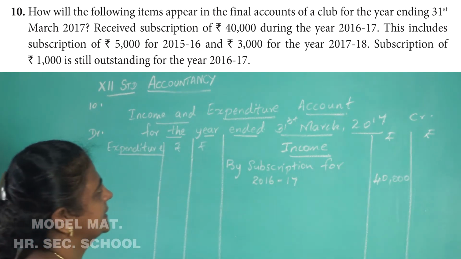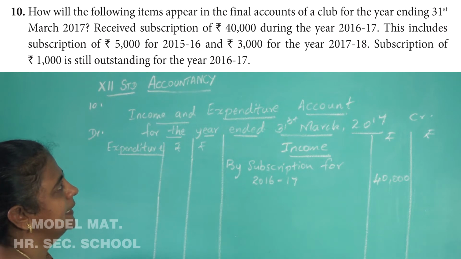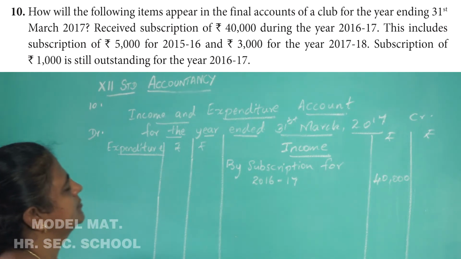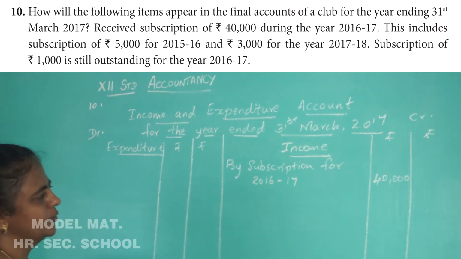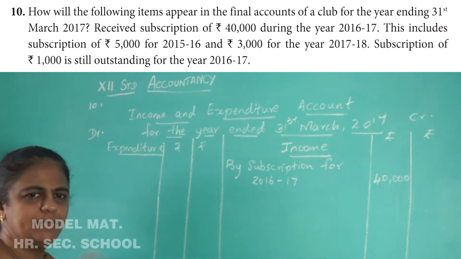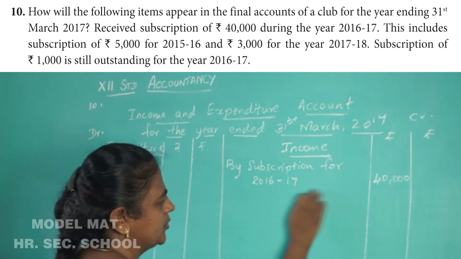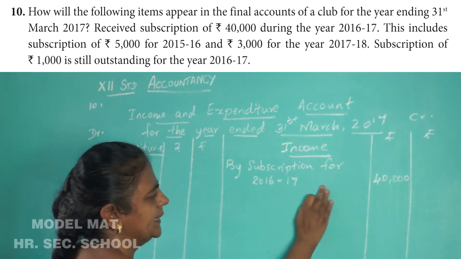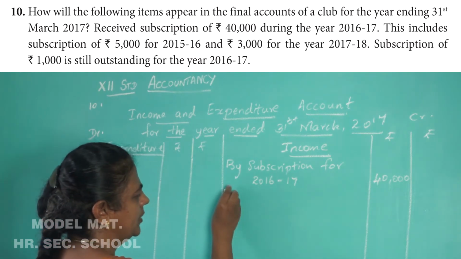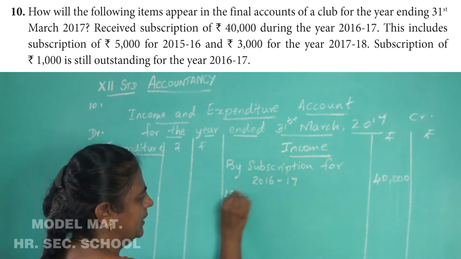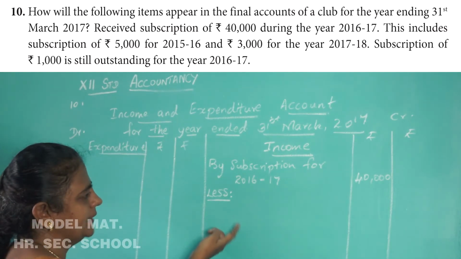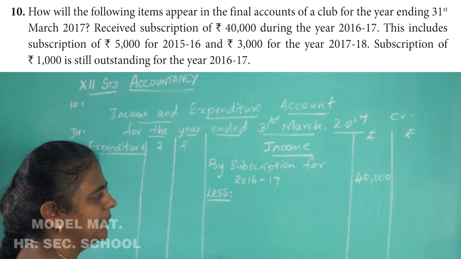Okay. Next, see the next sentence. It includes subscription for 15-16, 5,000 rupees. So 15-16 is the previous year. So that also is included here. So we don't need that. We need only the current year. So what you have to do is subtract the income of the previous year.